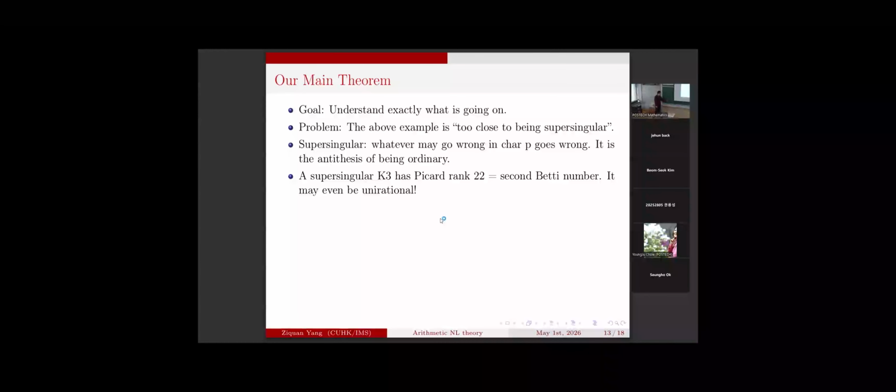So over C, your Picard rank is at most 20. But in the supersingular case, you can reach up to rank 22. Moreover, a supersingular K3 can be unirational. In fact, it was conjectured by Shioda that they're all unirational. This is, again, not possible over the complex numbers.